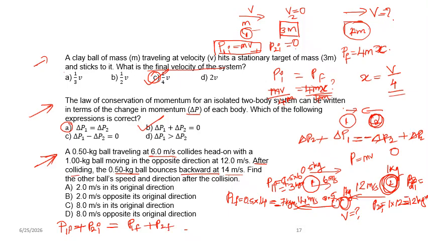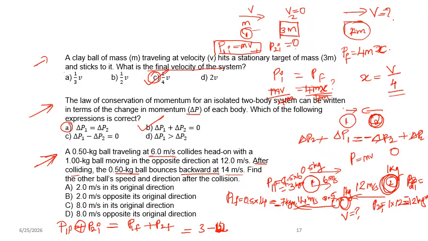Now let me put in the values. P1I, I know, is 3. What is P2I? We calculated it as minus 12. Positive and negative together will become negative.